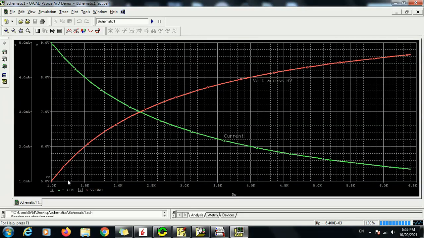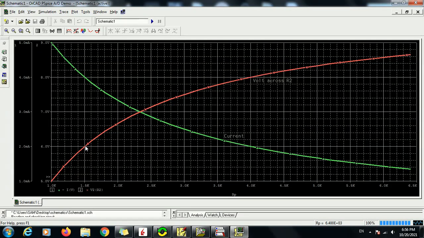A change of the resistor from 1 kilo ohm to 1.5 kilo ohms, that's half a kilo ohm, has changed the voltage from 5 volts to 6 volts. So just half a kilo ohm has changed the value by 1 volt.